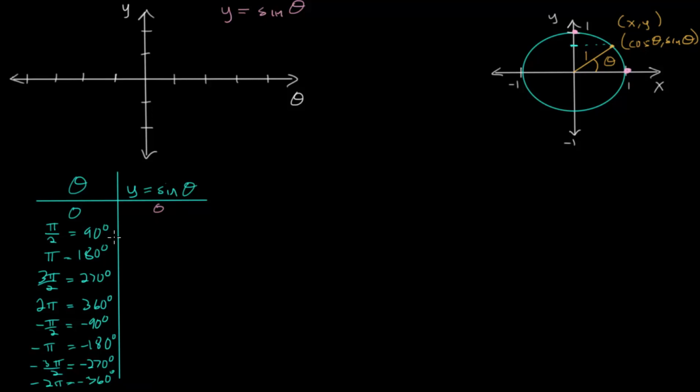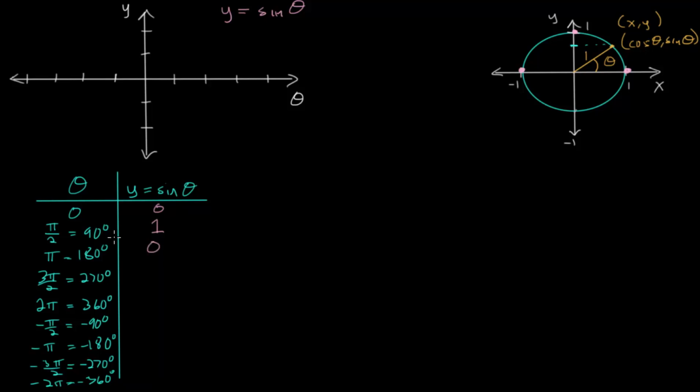Since remember, the distance from the origin to any point on the circle is 1, and it's all y values here. So the sine of pi over 2 radians is 1. But when we go to 180 degrees, or pi radians, we end up at this point, and again, it has no height. So here, the y value is 0.